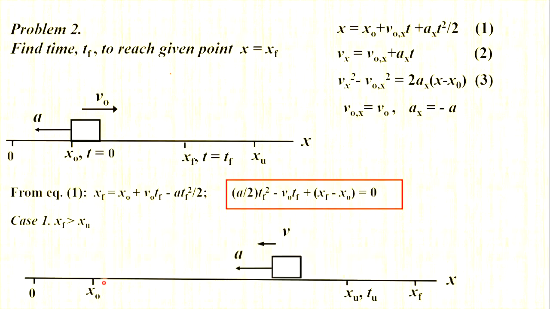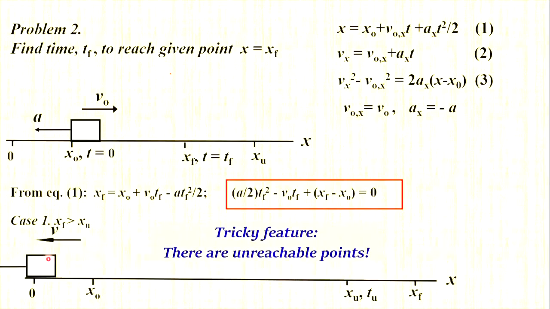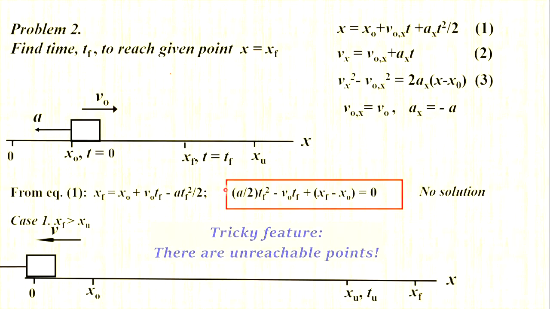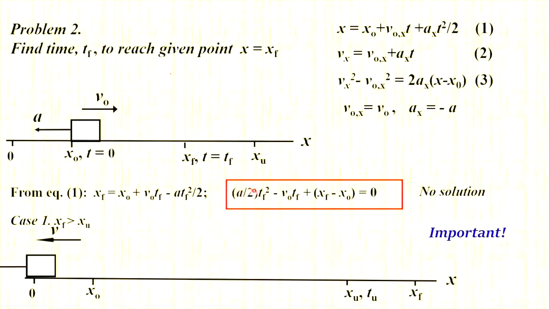The object moves to the right, arrives at the U-turn point, and goes back. So we see that in this case, the object never reaches the given point xf, and this corresponds to the equation having no solution. Or vice versa. If the equation has no solution, the point xf is to the right of the U-turn point. We finished the analysis of this case.